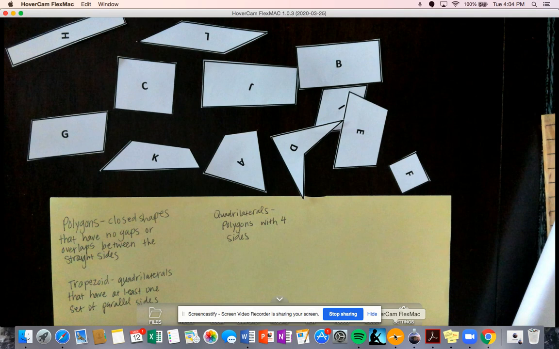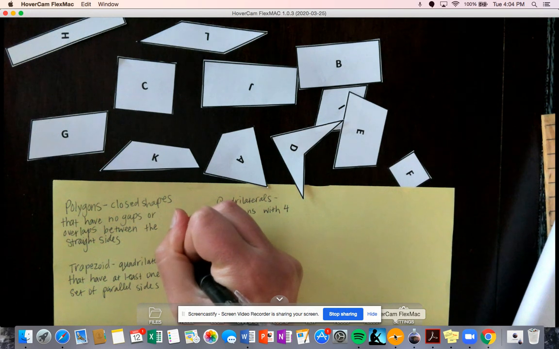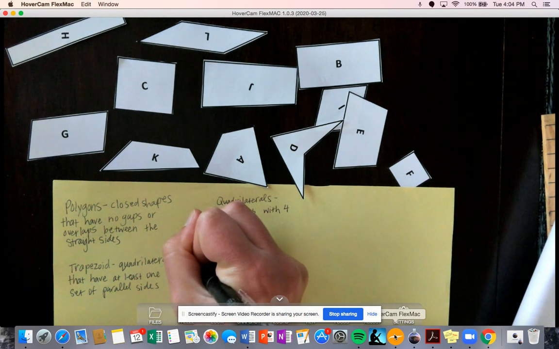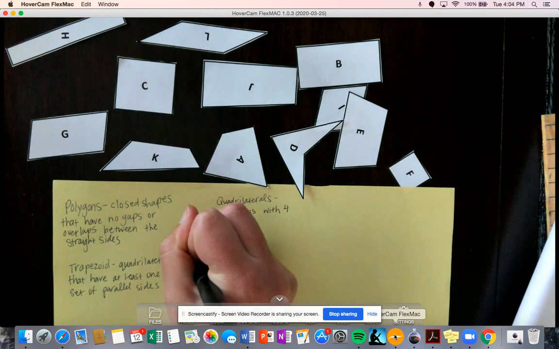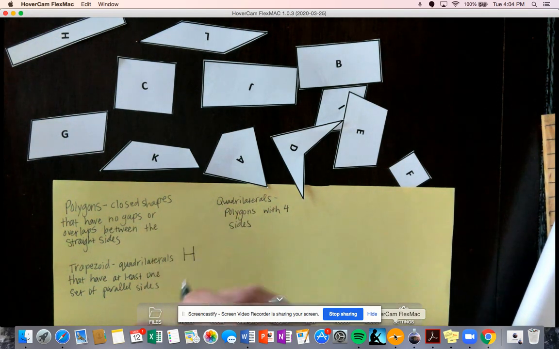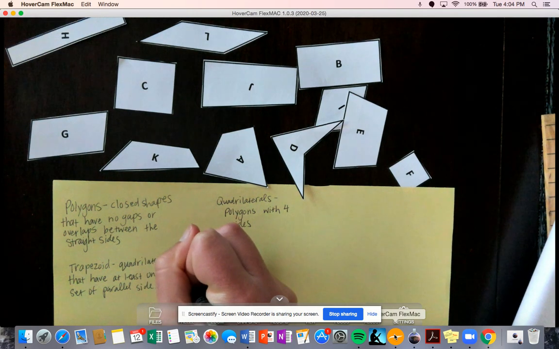So you might not remember what parallel means, but parallel means two lines that are never going to touch. So you can think of it like an H. If you think about the two lines of an H, they're going to go on forever. These two lines are never going to touch. And if you turn it sideways, same thing.